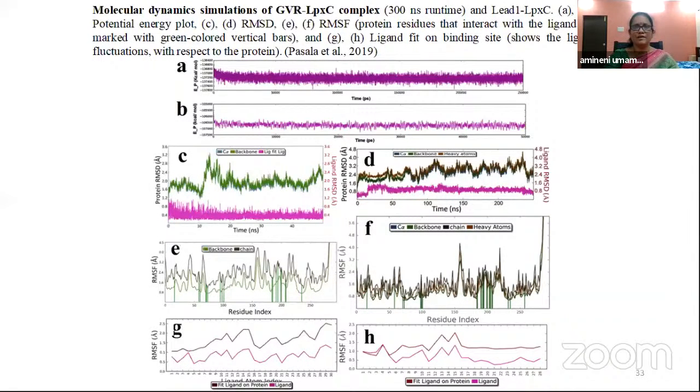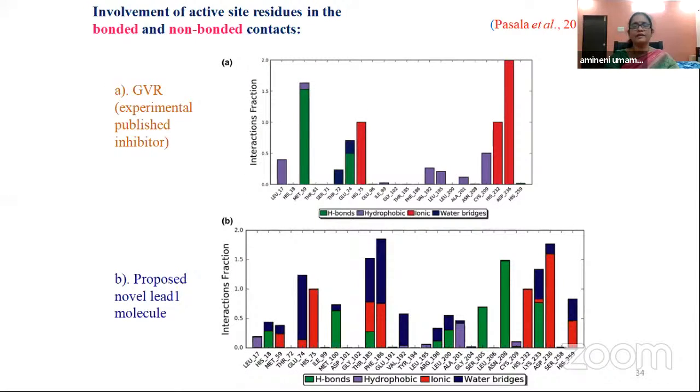So this is the molecular dynamic simulations. Here we get 30,000 different conformations, and in each and every conformation we can see the RMSD, RMSF values. And here this is the GBR, the target and the PDB ligand, and this one is our proposed lead molecule.